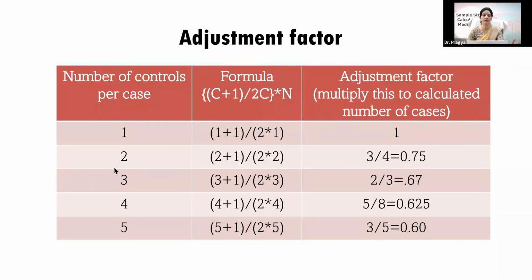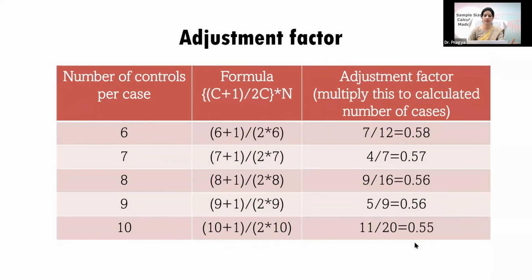So if you have got 3 controls, then you can reduce the number of cases by 0.67. If you have got 4 controls, then you can reduce the number of cases by 0.62. But beyond that, you will see that it doesn't lead to any more gain.